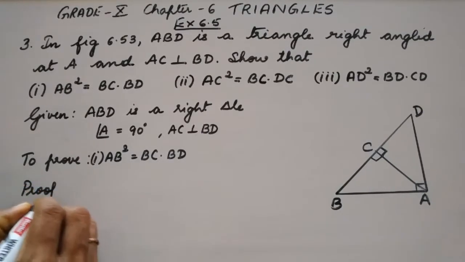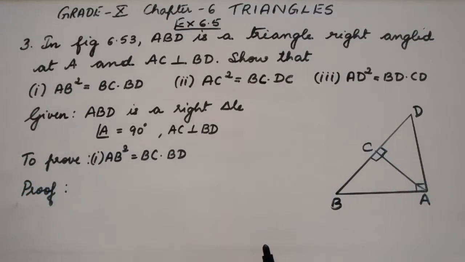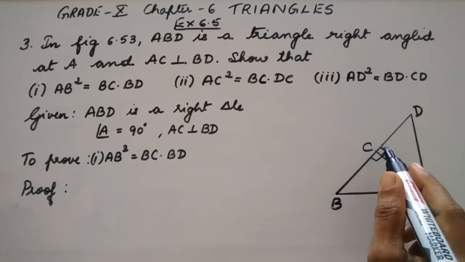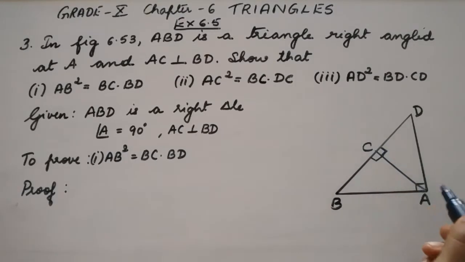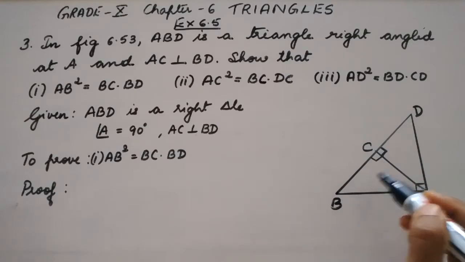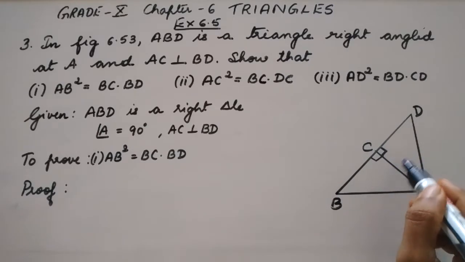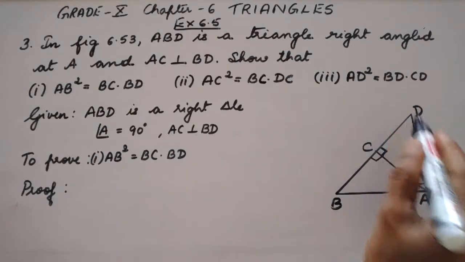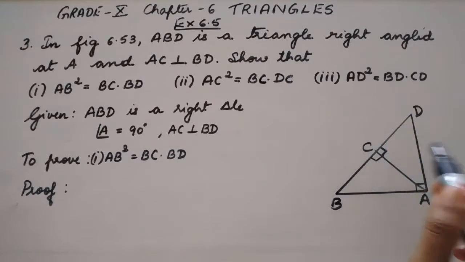Proof: we know that if a perpendicular is drawn from the right angle of a right angle triangle to the hypotenuse, then the triangles on both sides of this perpendicular are similar to the whole triangle and to each other.